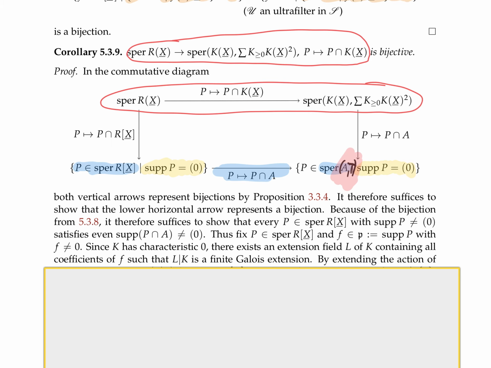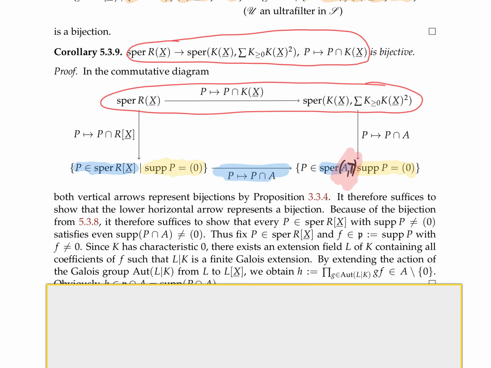By extending the action of the Galois group from L to L adjoin X, right? So you can just apply a field automorphism of L that fixes K pointwise coefficient-wise to polynomials, right?